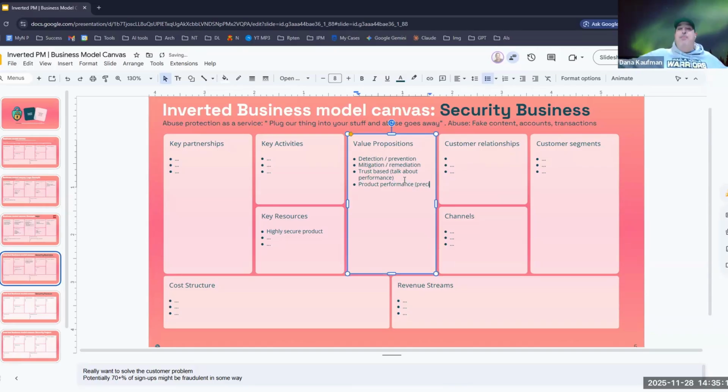How much you catch has to be an important part of the product. You catch more bad accounts than your competitor, right? You can always say that in marketing, but you really have to back it up in the product. That's an interesting one, and I want to ping this to Tom.